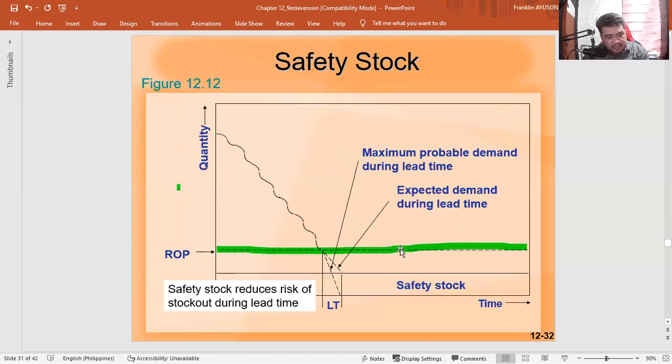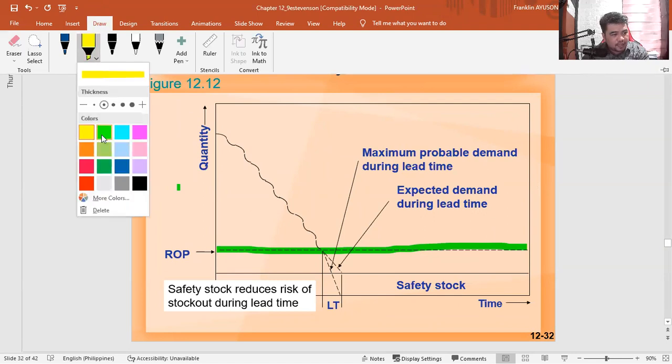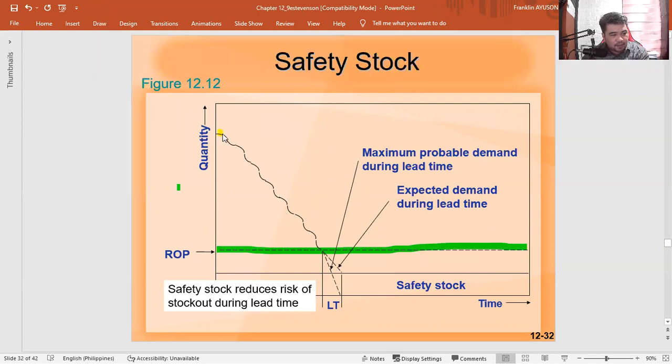So when our quantity goes below here, assuming our quantity decreases, why does it decrease? It is being used. There is production and output, using what is in the inventory. When it drops to our reorder point, we should now reorder. So this is now the maximum probable demand that will be considered during the lead time.